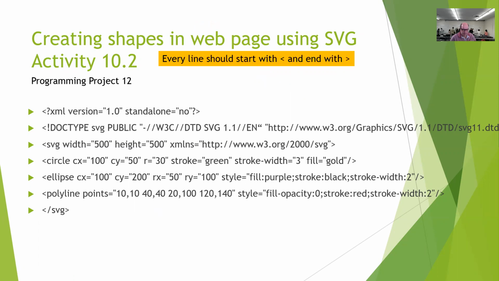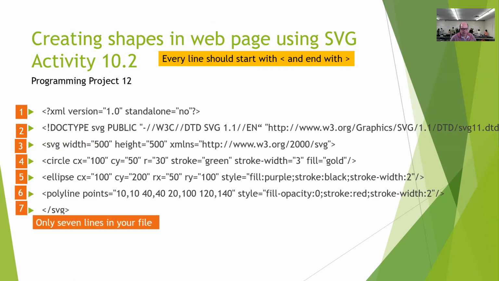So again, everything has to start with less than, end with greater than. We're only going to have 7 lines. So if you're counting your lines and it's more than 7, you have a problem. On activity 2, I'm just asking you to type it in and play with it.